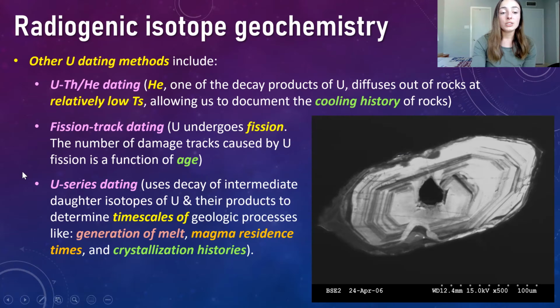Lastly, uranium series dating is using the decay of the intermediate daughter products and their products to determine timescales of geologic processes, such as the generation of the melt and the magma residence times and the crystallization history. All of those processes can be understood using uranium series dating by looking at all of the intermediate daughter isotopes of uranium, which I mentioned in the previous absolute dating video.